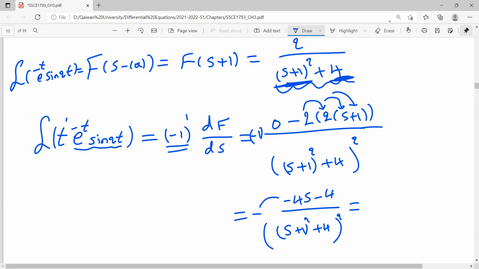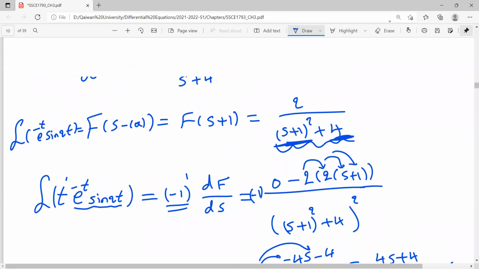Here, we give this negative sign to these two. We get 4s plus 4 dividing by s plus 1 squared plus 4 all squared. This is the result.